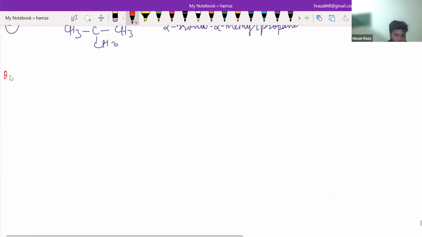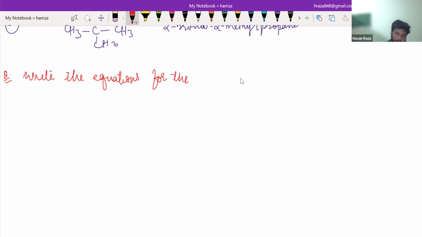Write the equations for the preparation of 1-iodobutane.